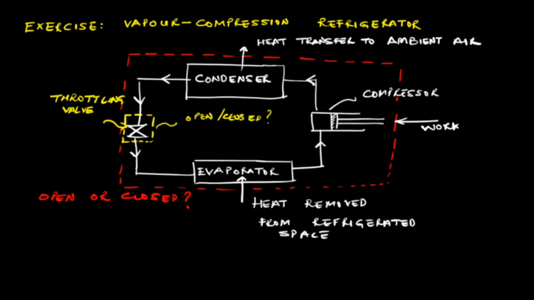And to find the answer, all you have to see is whether there is mass transfer taking place across the system boundary. That's how we classify open or closed system.